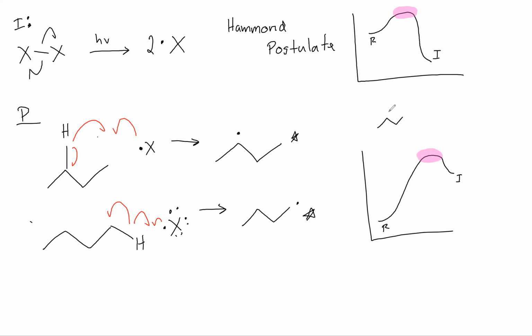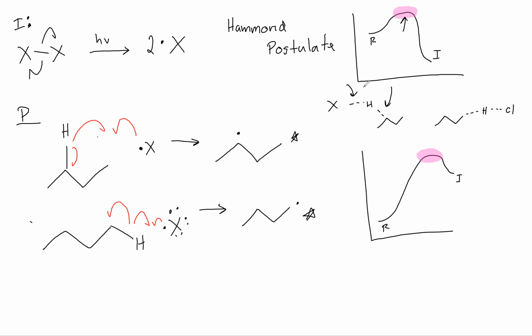So if we look at the transition state for this one right here, we can see that it's going to be breaking right here. Okay, so now when we see this, we're going to say, all right, depending on if the transition state is closer to the reactants or the products, that's going to determine which one of these bonds is quote unquote more broken. Okay?